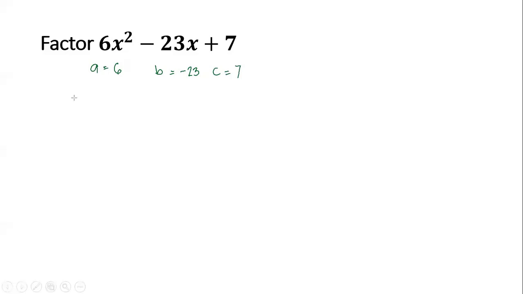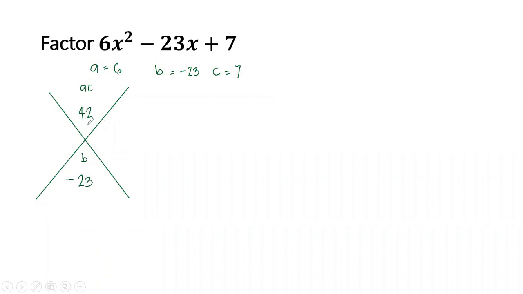The next step is to draw the big X. And remember again that the top part of the X would be the product of A and C. So that would be 6 times 7, and that is equal to 42. The opposite side of the product of AC will be the value of B, which is equal to negative 23.